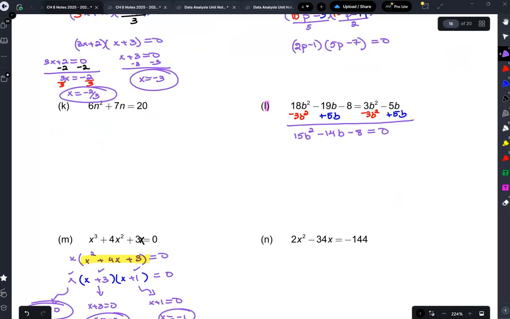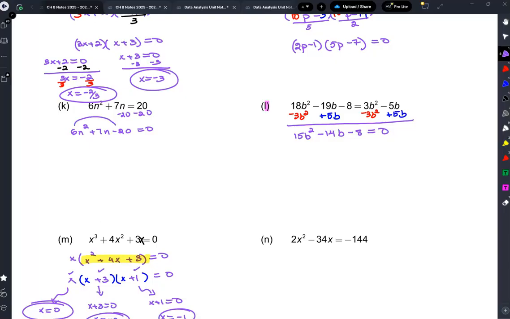Now, take a look at this next one. I subtract 20. Okay, so now I get 6n squared plus 7n minus 20 is equal to 0. Now, take a look. If I want to factor this in the same way, with the 6 times the -20, that'll be n squared plus 7n minus 120 is equal to 0.